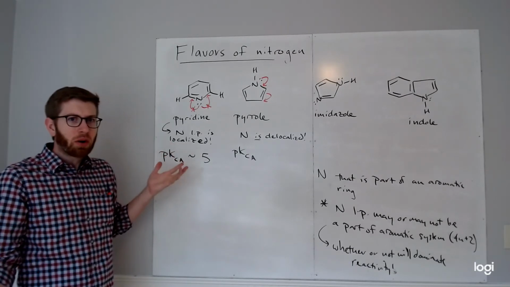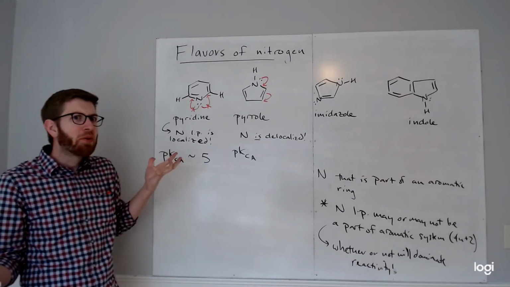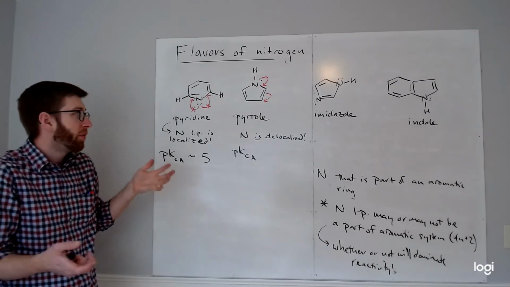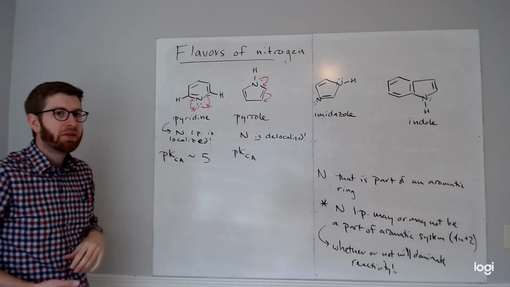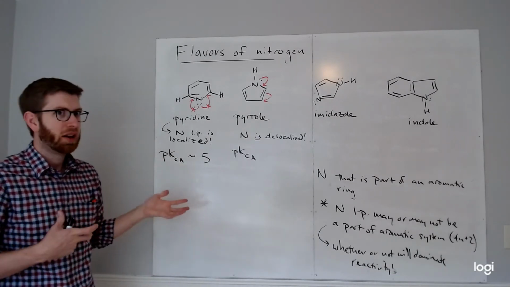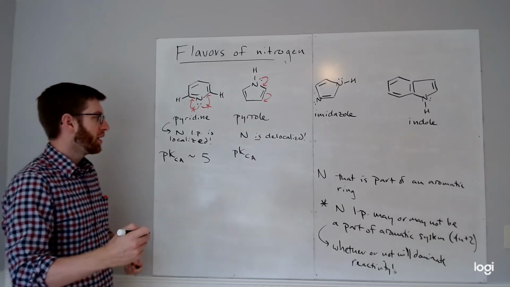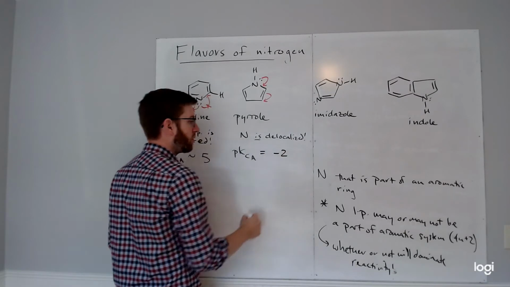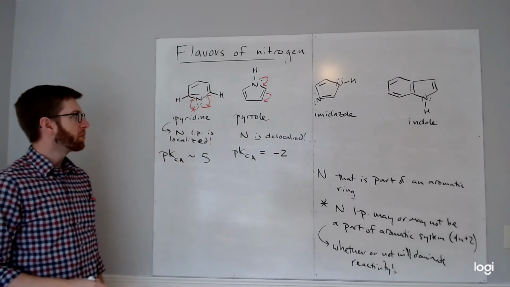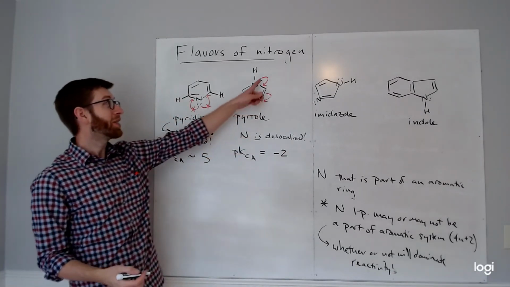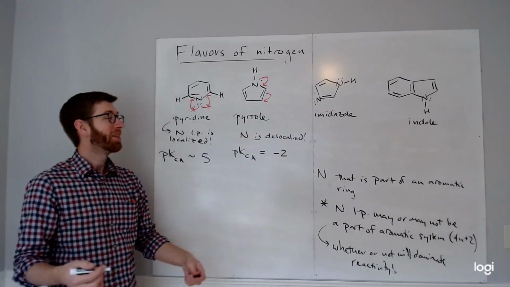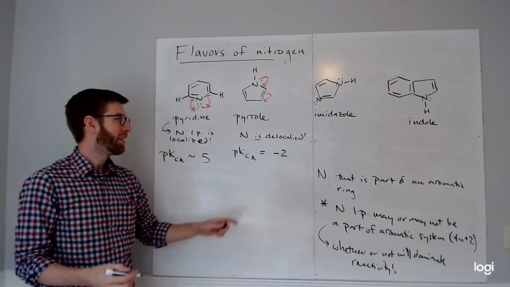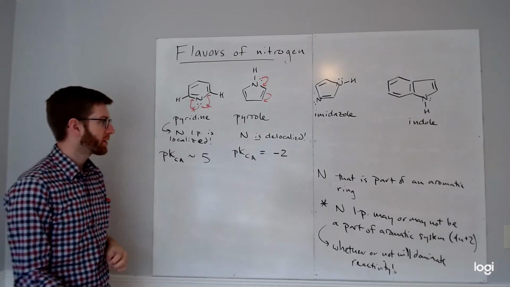That sounds horrible. Like, why would the lone pair ever be involved in that? And that's true. If we actually look at the acidity of the compound that lost its aromaticity, it's really, really acidic. So this is equal to -2, right? So one way we could interpret that is that losing the proton to get the lone pair back to become aromatic, awesome, huge driving force to do this, all right?